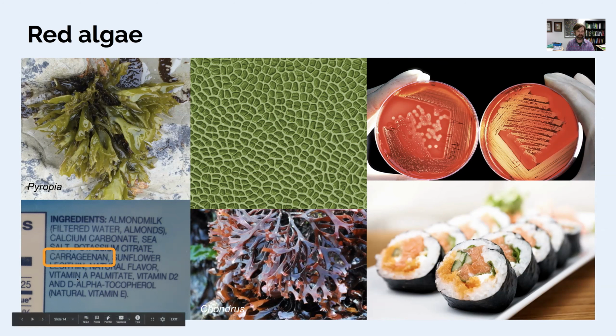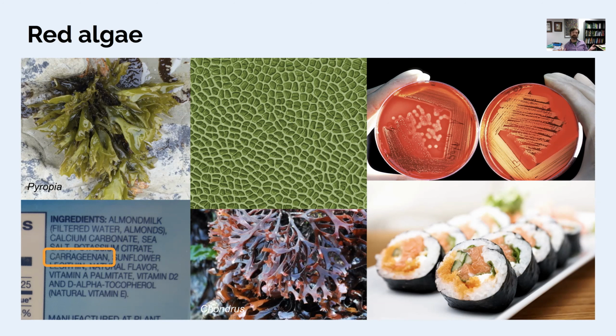And that sort of binding agent comes from red algae. One that you might have seen in your ingredient labels, carrageenan, is a red algae product from this one called Chondrus. So red algae gives us that. I think this might be from, well, I suppose that's almond milk or maybe almond ice cream. Carrageenan is a thickener. So it's a little bit like what we talk about with agar, something that sets up and makes molecules bind together a little bit more.